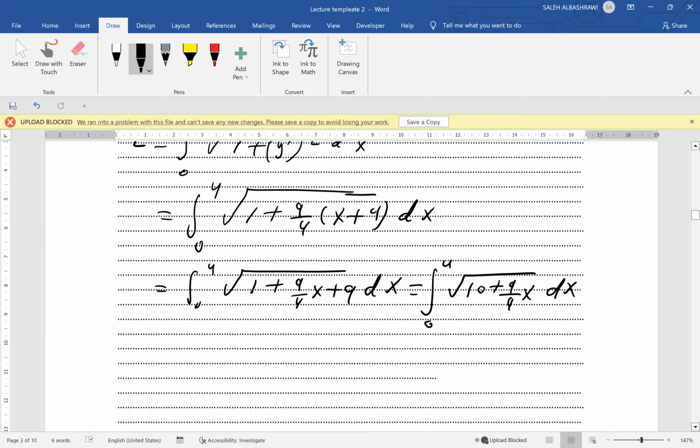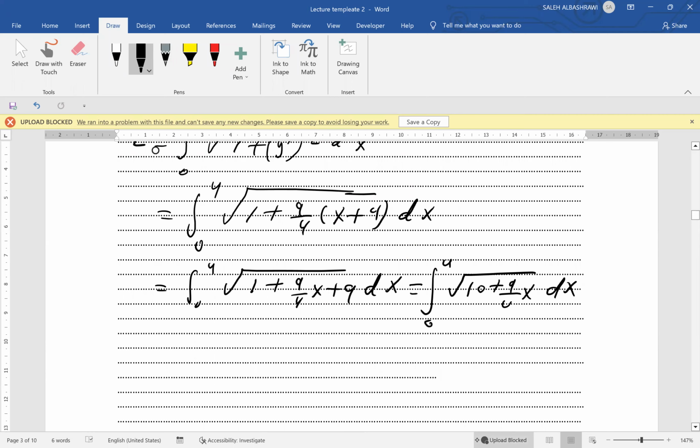This can be done by substitution. You can say that u equals what is inside. Let's go step by step. Let u equal 10 plus 9 over 4 x, so du is equal to 9 over 4 dx, or dx equal to 4 over 9 du.